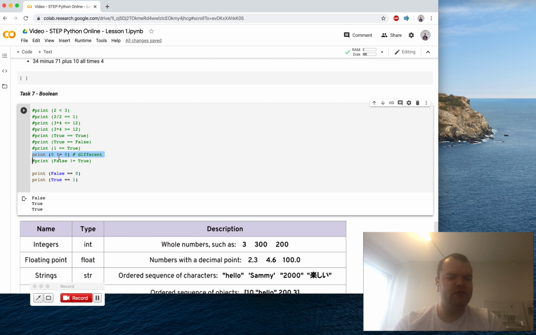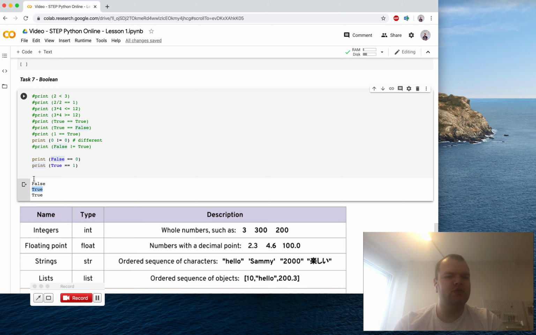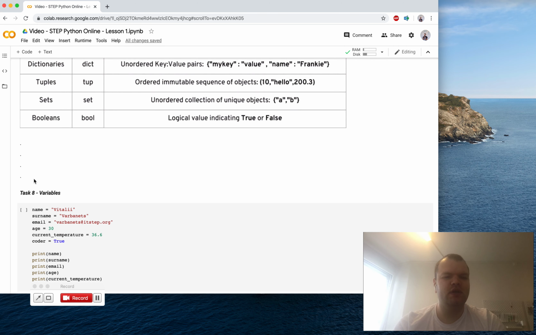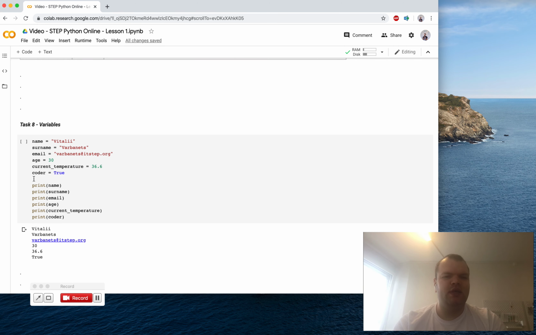This one: 0 is not equal to 0. That is the question, and we say no, so this is false. False is equal to 0. Yes, this is true. True is equal to 1. Yes, this is true. Those parts of the code are widely used inside conditions. This is a part which we'll be using later during the next lessons, which are very important.